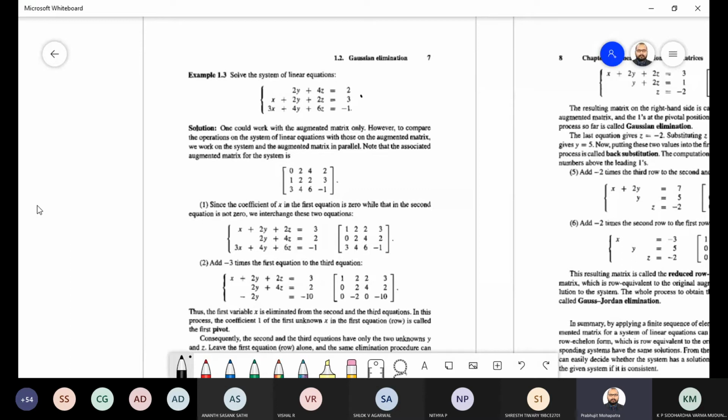This was the problem given. What we can do is write it in terms of an augmented matrix. This is called the associated augmented matrix, meaning with each problem there is one augmented matrix. With this problem, first you can write the augmented matrix. Here 0 into x, no x is there, so in place of x, 0, then in place of y the coefficient is 2, then the z coefficient is 4, then the right hand side is 2.